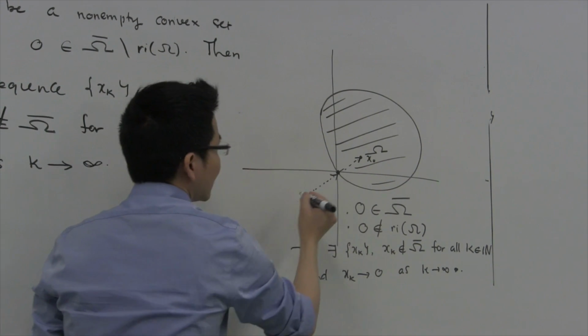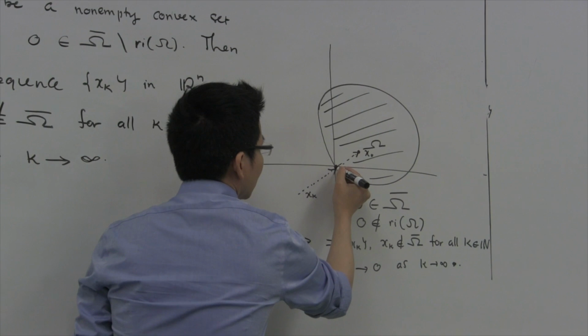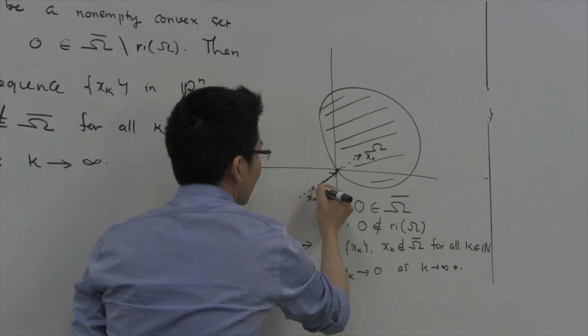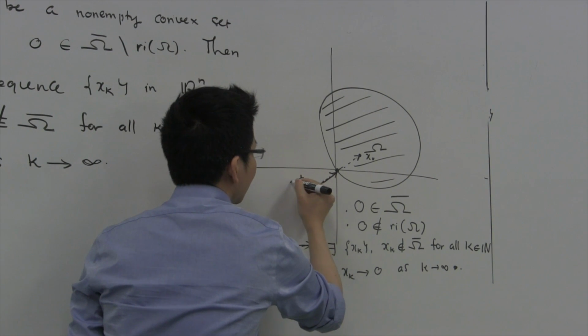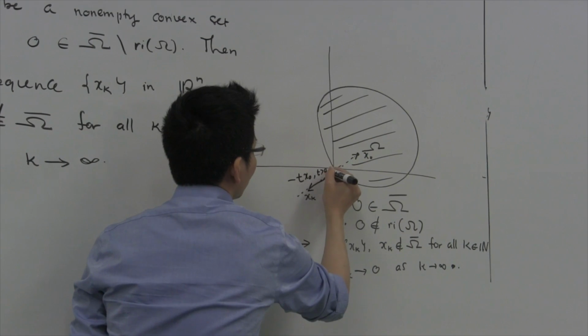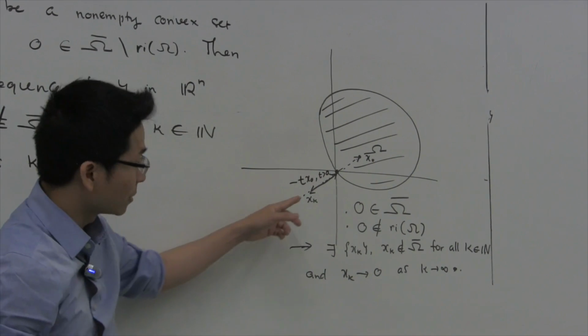Then we look at all vectors of the form minus t x0, where t is strictly greater than 0.